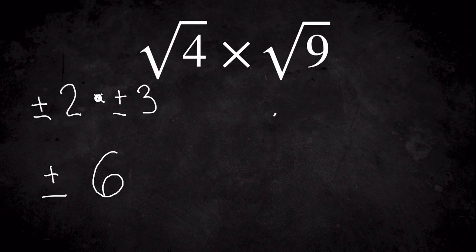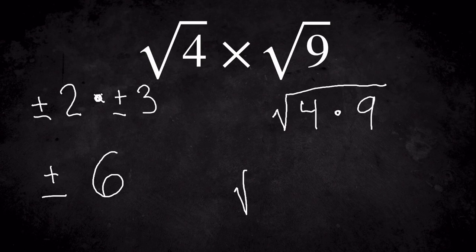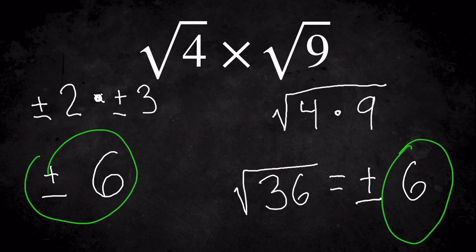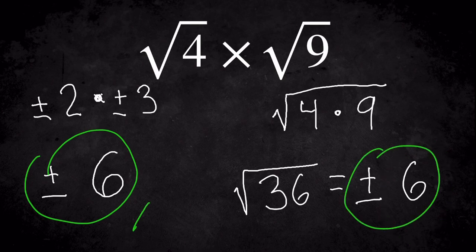First it becomes the square root of 4 times 9. Then that becomes the square root of 36, which equals positive 6. As you see, because the answers are the same, this proves that the rule works effectively, right?